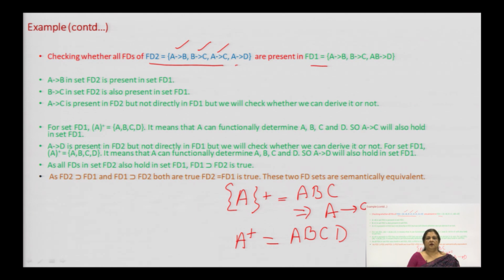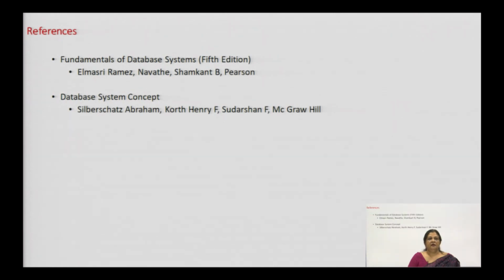So, we see that all the functional dependencies in FD1 are present in FD2, and all the functional dependencies in FD2 are present in FD1. Hence, FD1 and FD2 are equivalent sets of functional dependencies. The references for the topics that we have studied are these two books. Thank you.